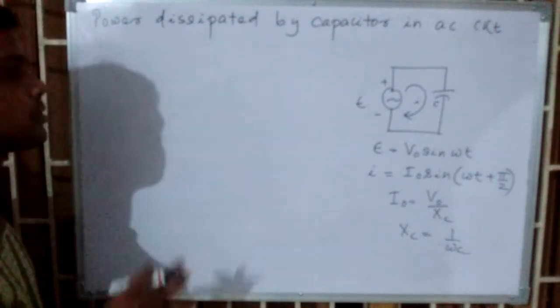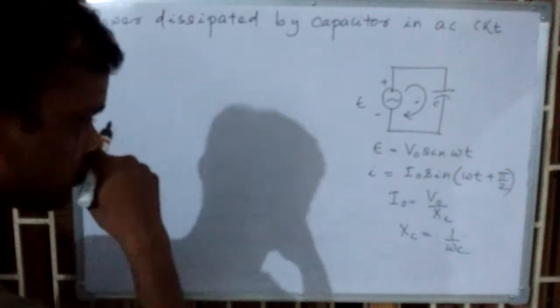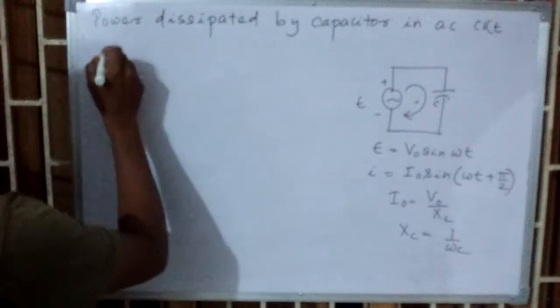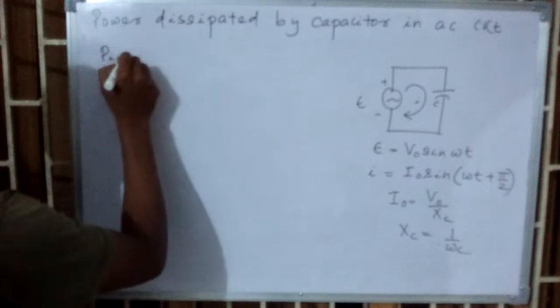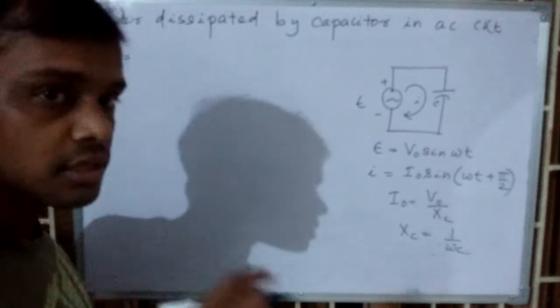In this class we shall discuss what is the power dissipated by the capacitor. So instantaneous power is equal to instantaneous voltage into instantaneous current.